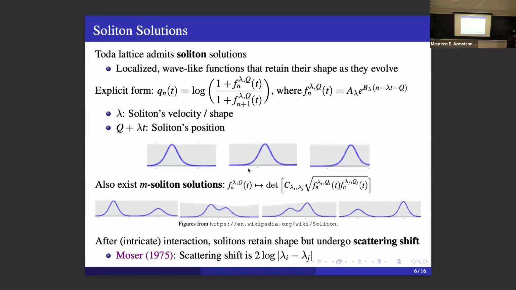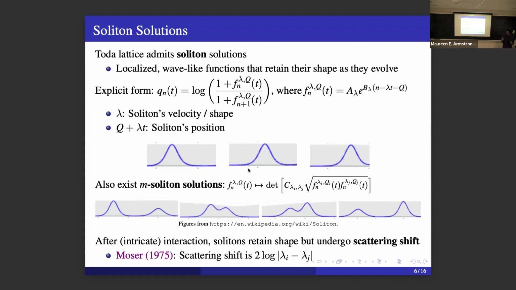Now that's one example of a soliton solution that has one soliton. There are also multiple soliton solutions, which you can imagine as superpositions of solitons. You can also write down what they are. It gets a little bit messy, but structurally, what you do is swap out this fn of t with an m by m determinant if I want m solitons.